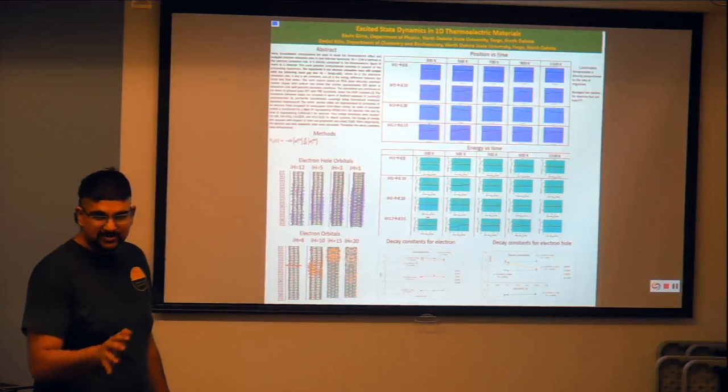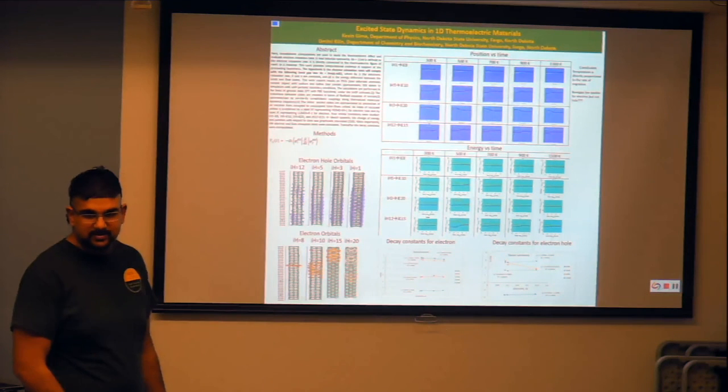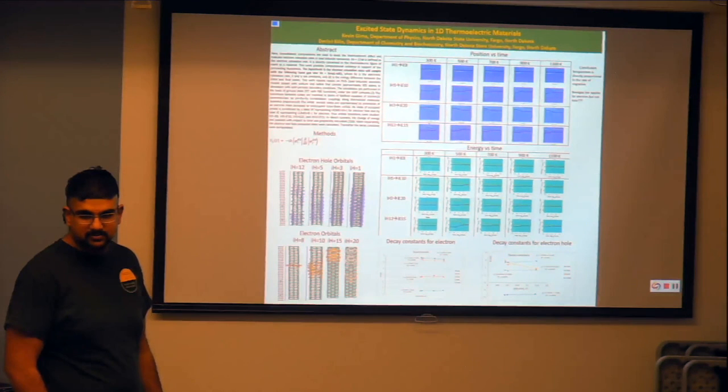We agreed on the dashed line. The dashed line changes in time. How to extract the rate of electron relaxation out of this dashed line?